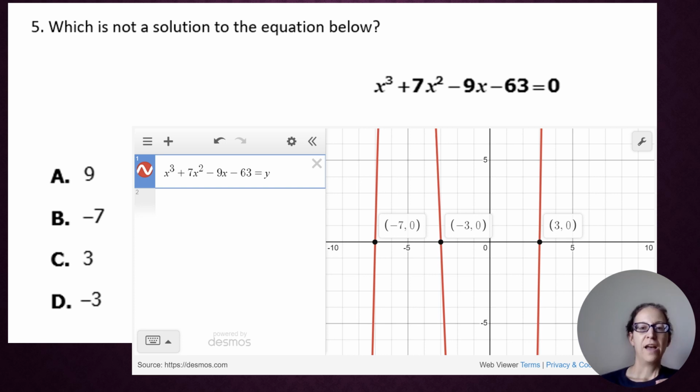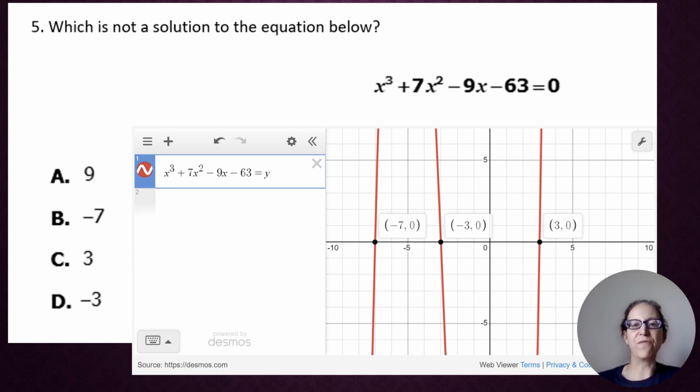All right. Now, there's two ways you can do this. For a lot of you, you can put the equation in there. So you can actually dump it in and, okay, oh, wait a minute. Oh, 63 equals 0.